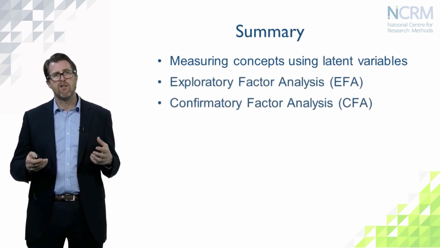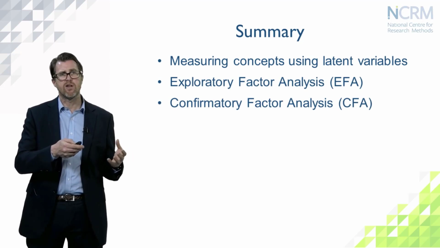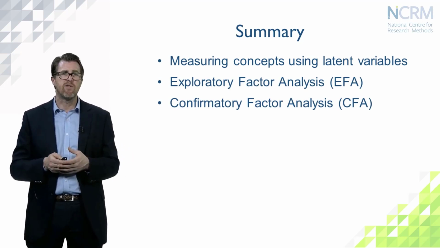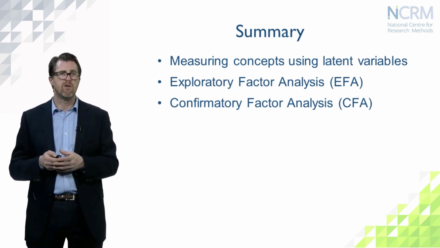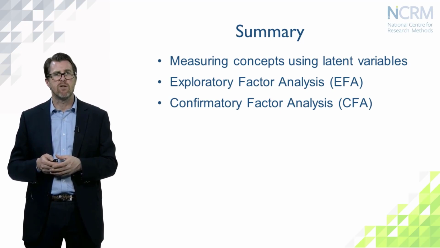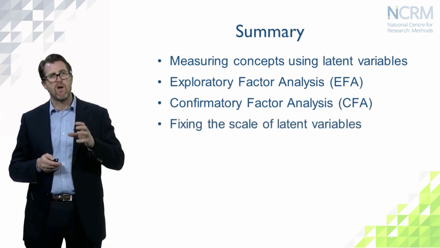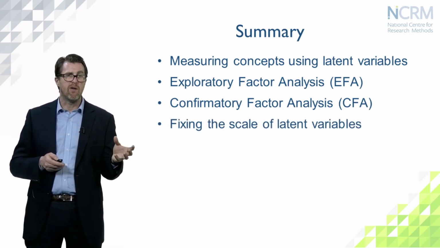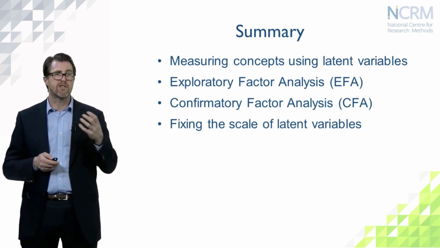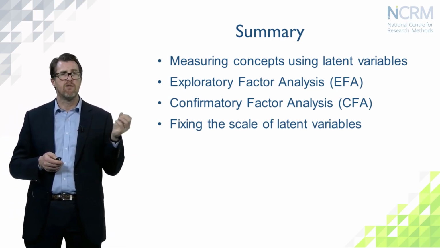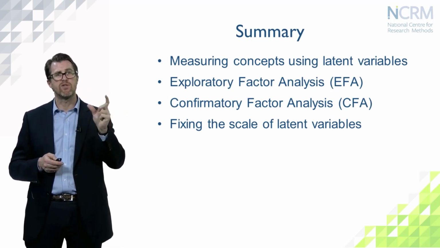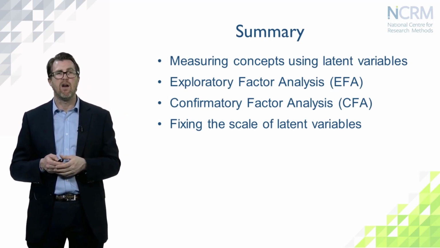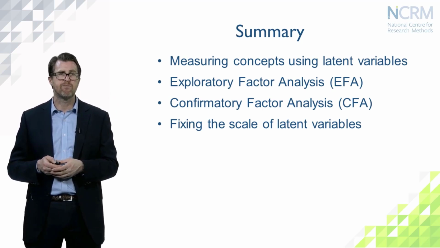I've contrasted the historical, conventional approach of exploratory factor analysis, or the unrestricted factor model, to the more modern confirmatory factor model, the restricted factor model. We've looked at how we can give a metric, a scale, to latent variables by fixing one of the indicators to take the value 1 and therefore take the scale from that reference item.